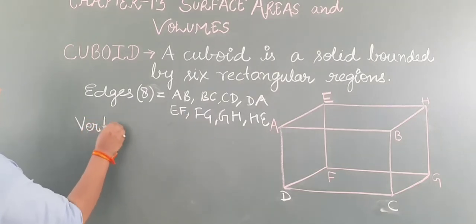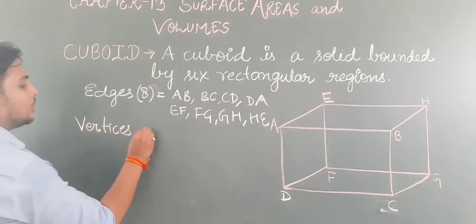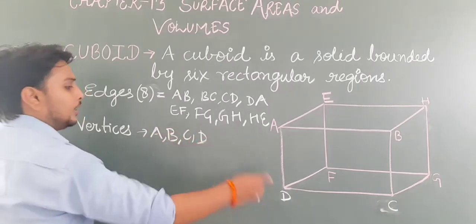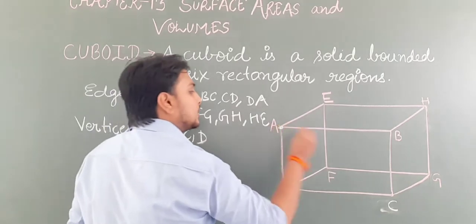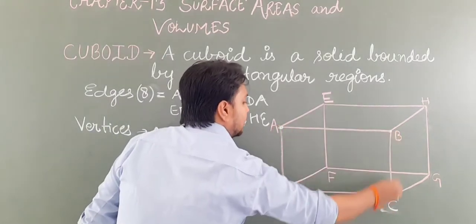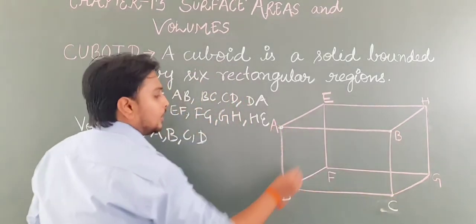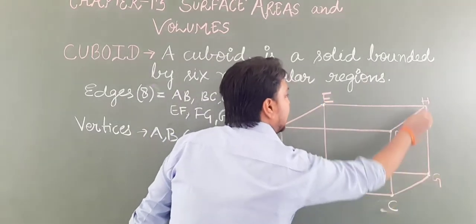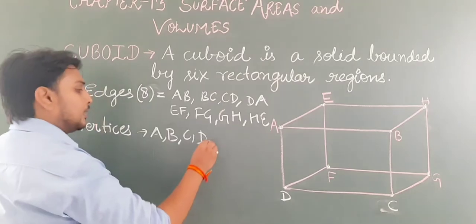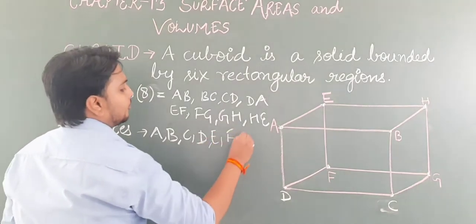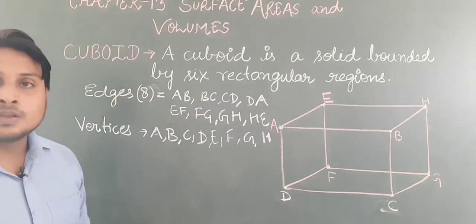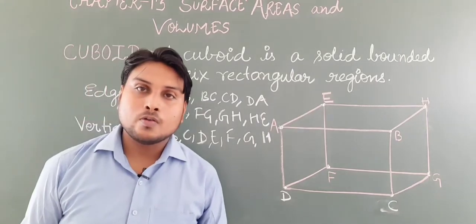In this you can write A, B, C, D, and then E, F, G and H. So these are the vertices.